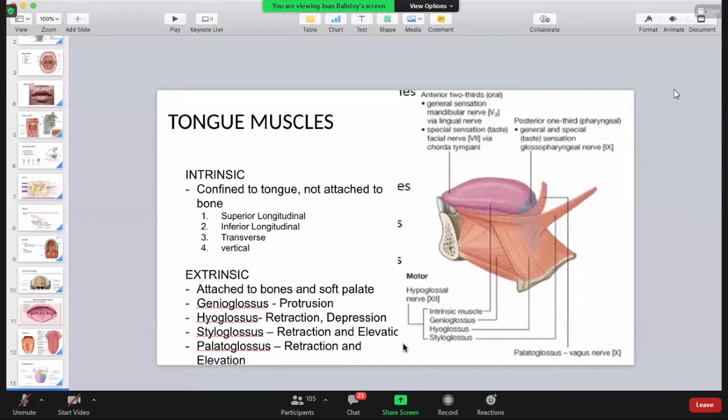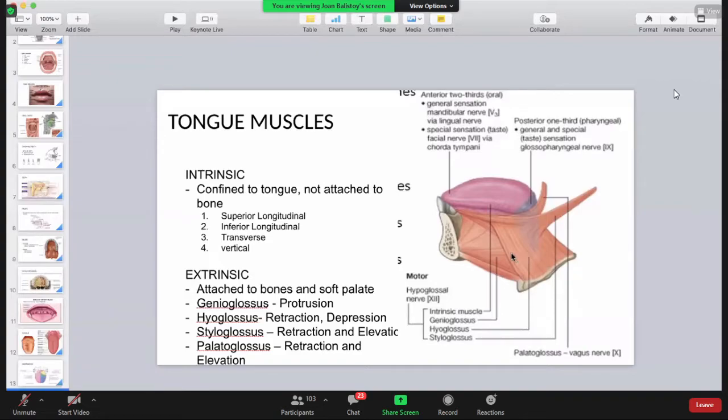Now, how about the extrinsic muscles? The extrinsic muscles are attached to the bones and the soft palate. You have four: genioglossus, hyoglossus, styloglossus, and palatoglossus.